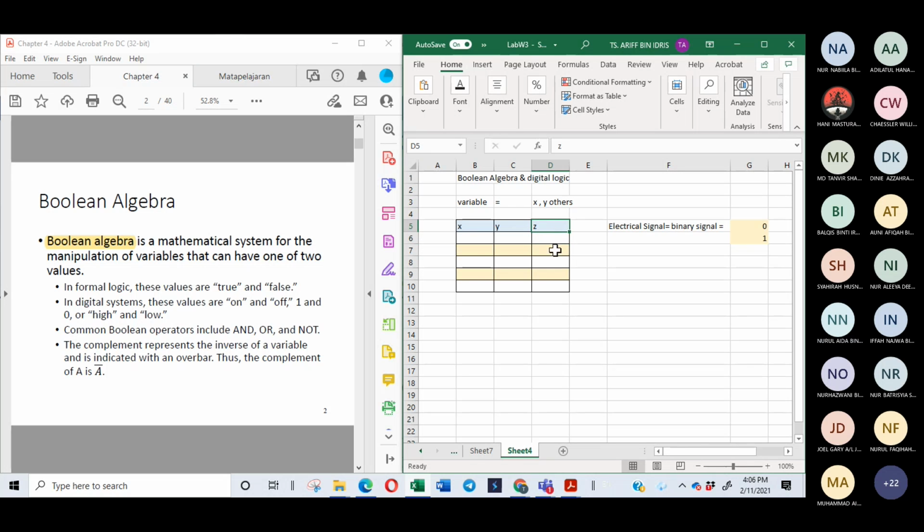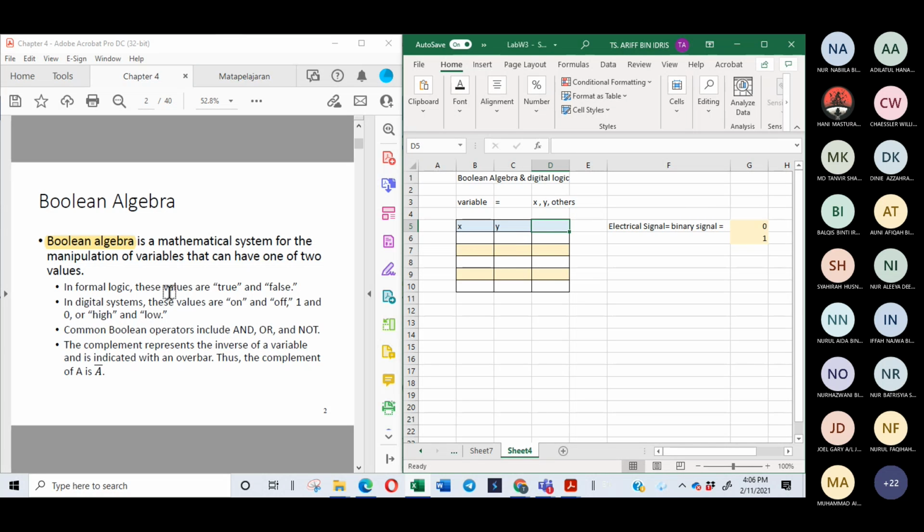Let's say you have x, y, and z, so you have three variables. Or you can have w. But for the time being, we focus on two variables, which are x and y.